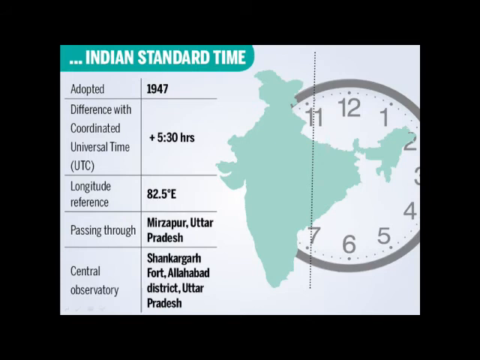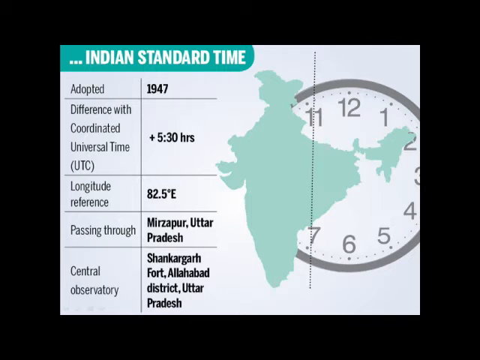Okay. Let's look at it in more detail. India has its own standard time, which was adopted in 1947. The difference from the universal time, basically the Greenwich time: if it is 12 noon in Greenwich, we are 5:30 hours ahead.